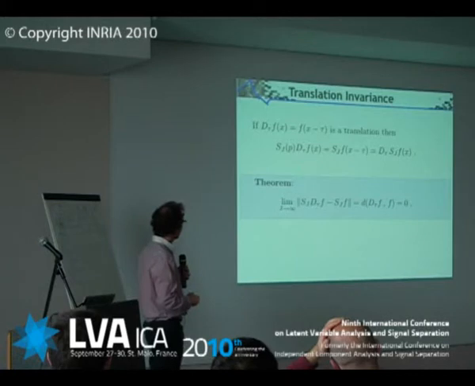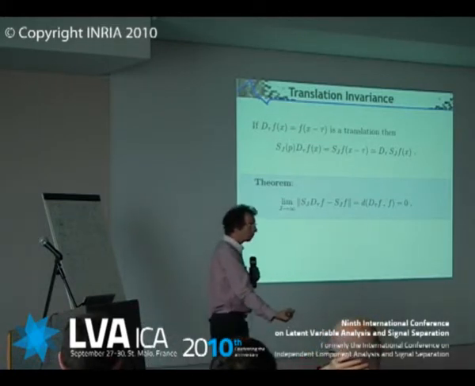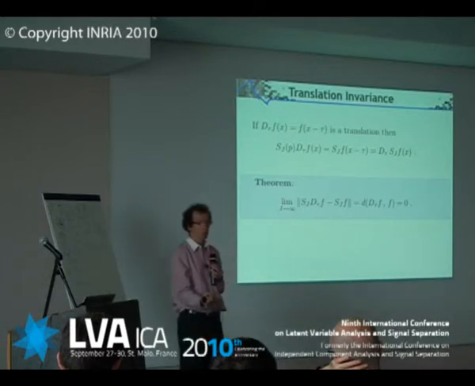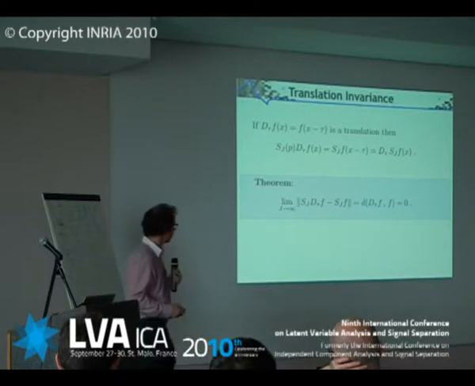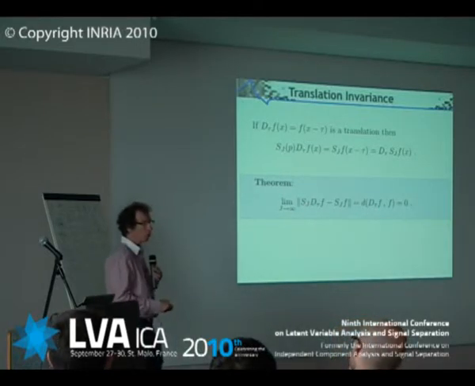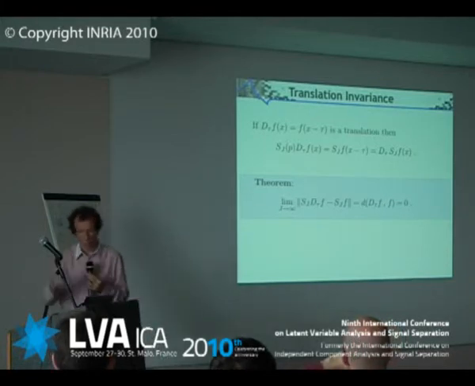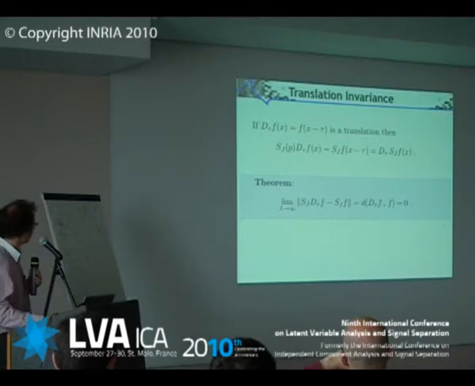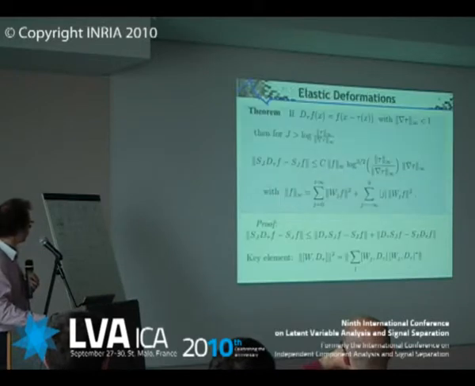So everything translates. However, I said at the bottom, I converge to a constant. So a constant translated is equal to itself. And indeed, you verify that when J goes to infinity, the distance is going to be 0. And if you have a compact support, you don't need to go to infinity. You just stop at the support size. So first thing, I get back my invariance to translation, like in the Fourier domain.